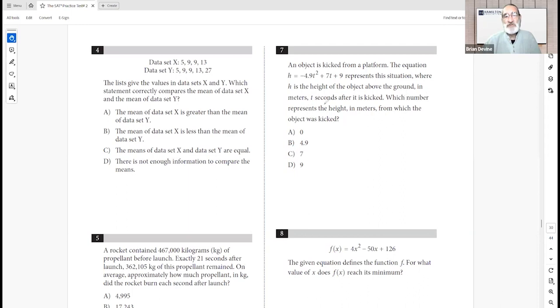Which number represents the height in meters from which the object was kicked? Well, that's going to be when t is 0. And if I plug 0 in for t here, then h of 0 is going to give me 9 meters above the ground. So D is the correct answer.